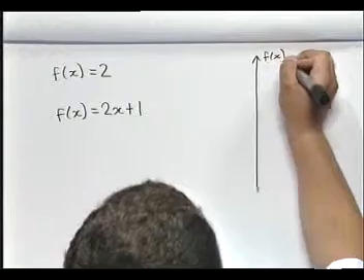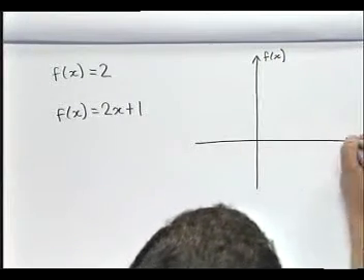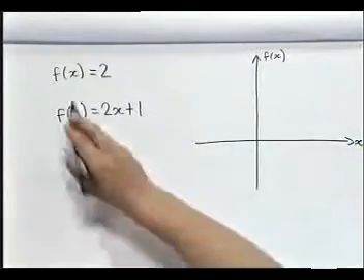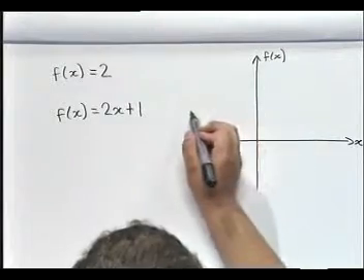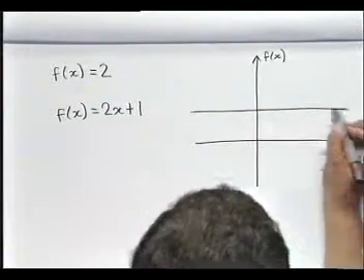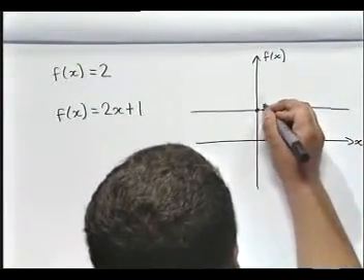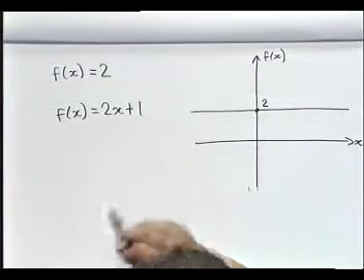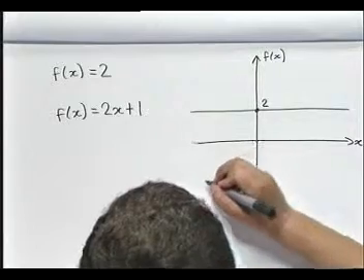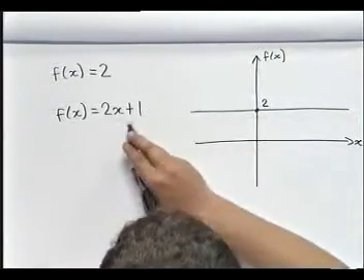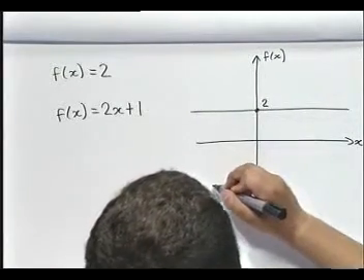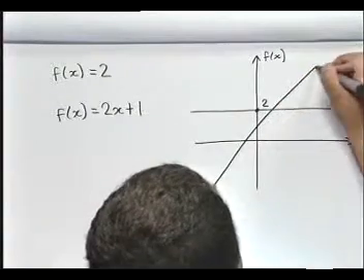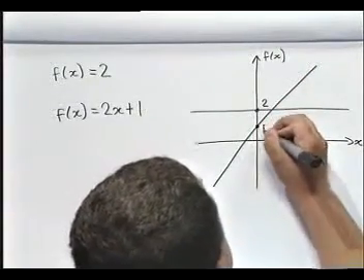So we've got f(x) and x. And we know that f(x) equals 2 is a horizontal line, which passes through 2 on the f(x) axis. And f(x) equal to 2x plus 1 is a straight line with gradient 2, which passes through 1 on the f(x) axis.